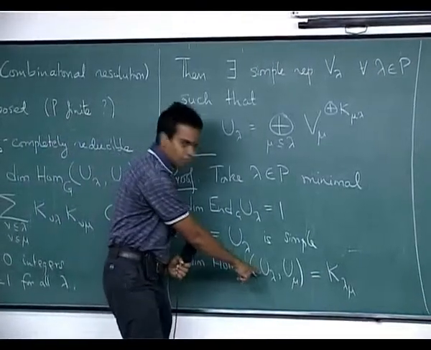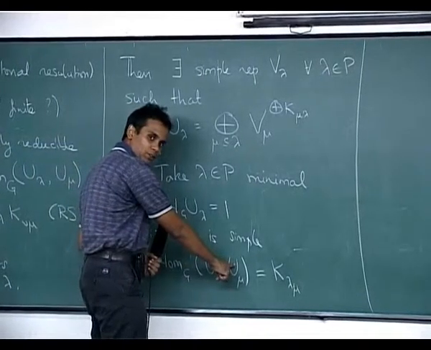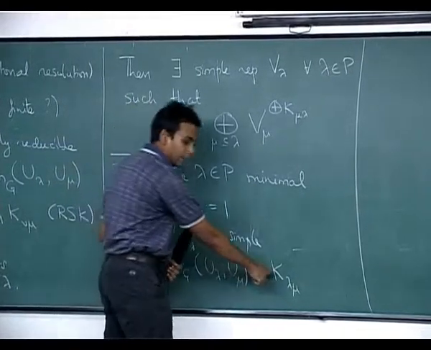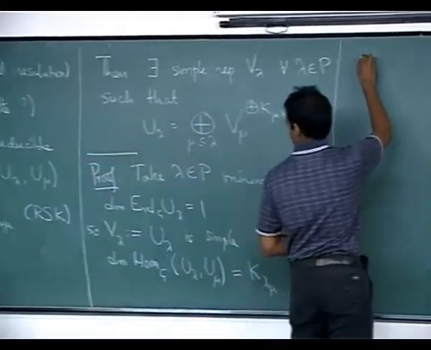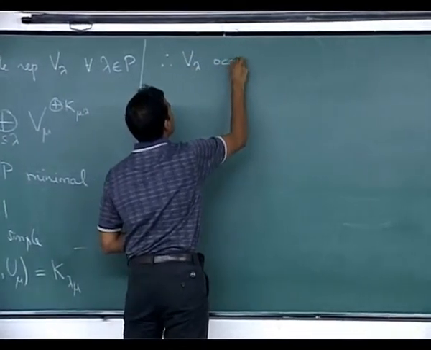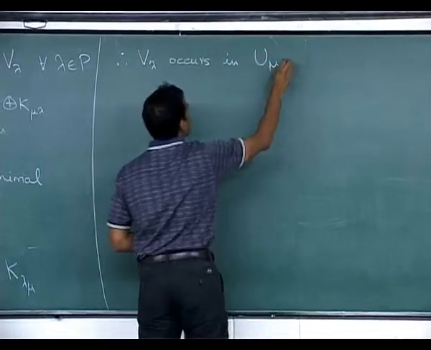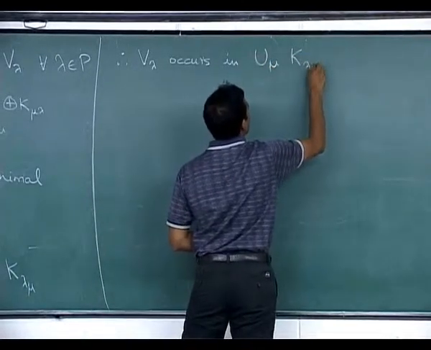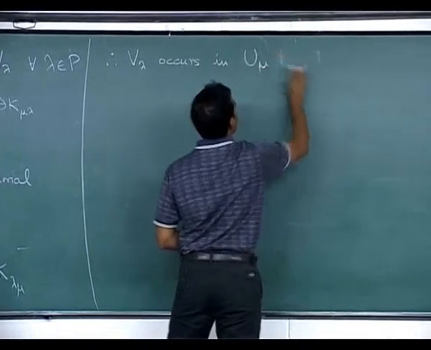This being simple just means that the multiplicity of this simple in this possibly non-simple representation is k lambda mu. V lambda occurs in u mu k lambda mu times.